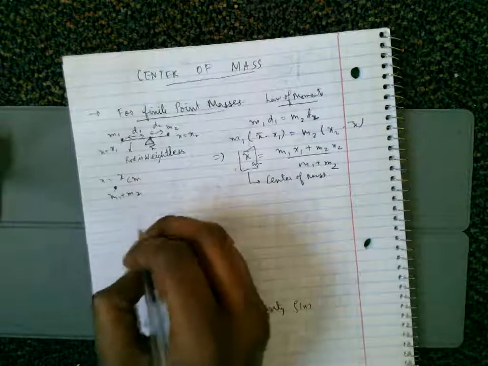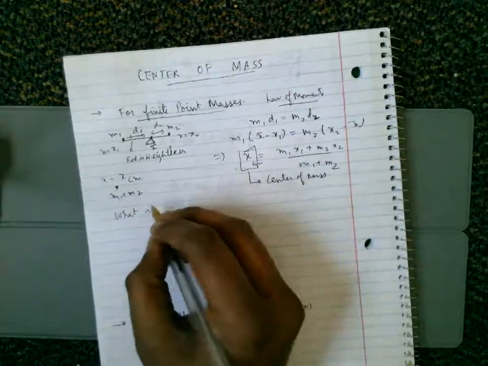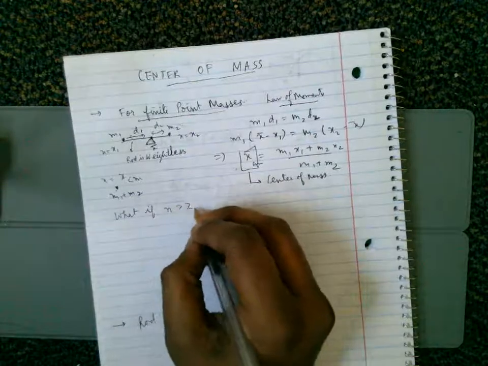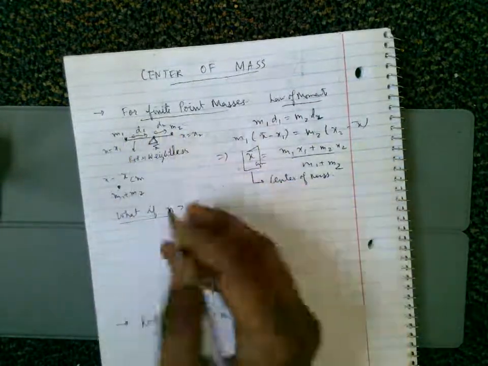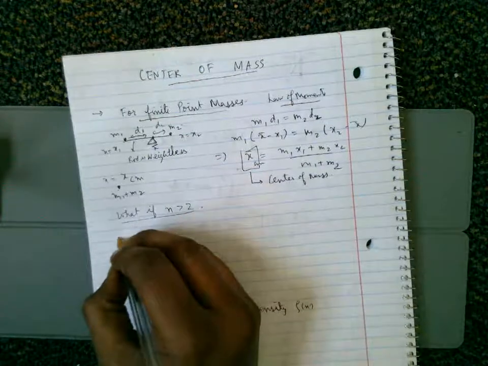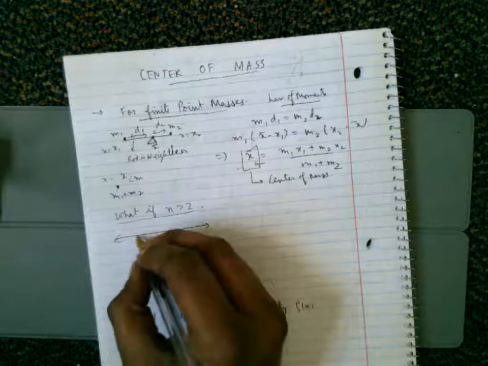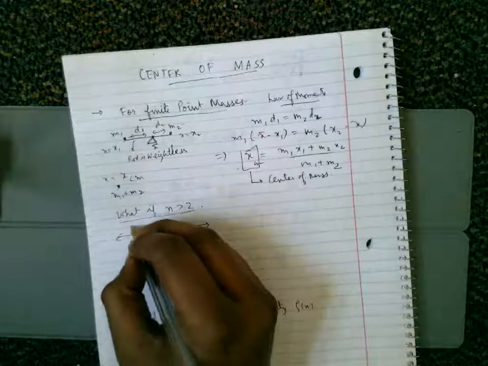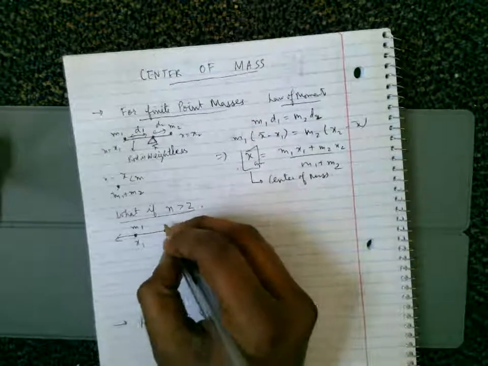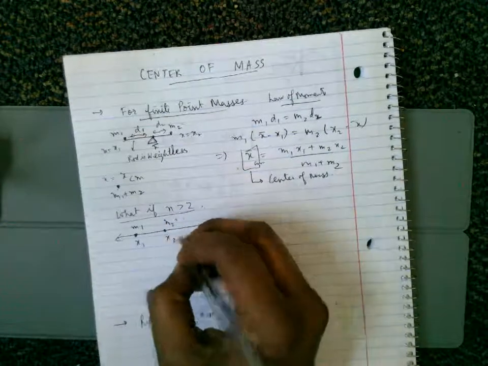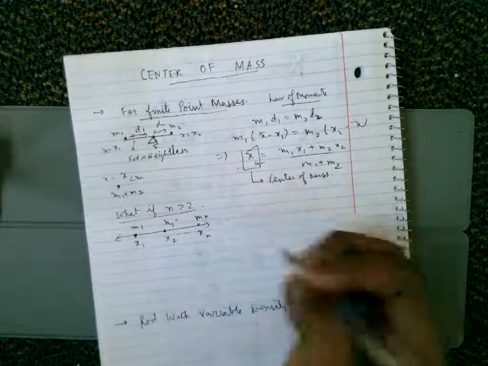All right. So what if we have a finite number, n greater than 2? That means we don't have two masses, we have more than two masses. So let's say you are in only the one dimensional case. Let's say you have m1 mass at point x1, you have m2 mass at point x2, and so on, mn mass at point xn.